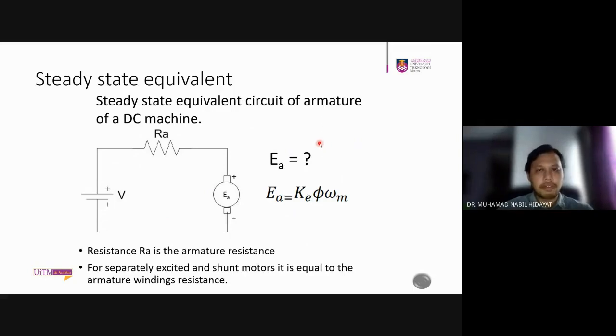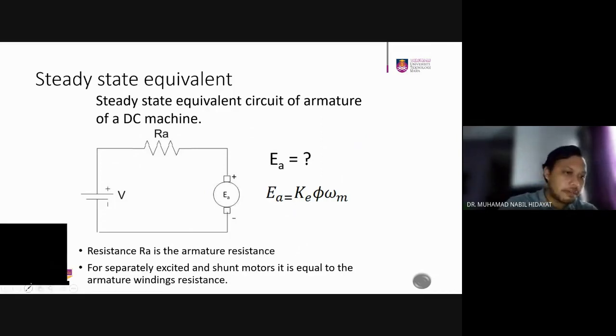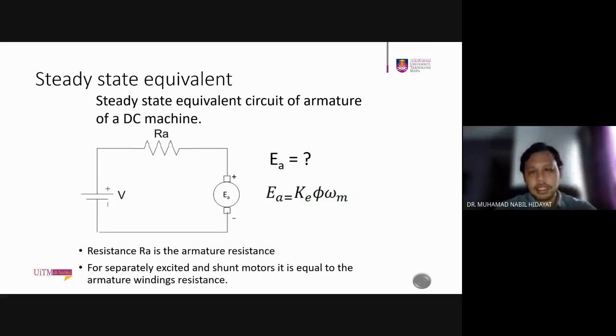That was the electrical equivalent circuit equation. Now for the mechanical part of the equations, the relationship between your armature voltage and the speed of your rotor is EA equals KE flux times speed, where KE is a constant value.